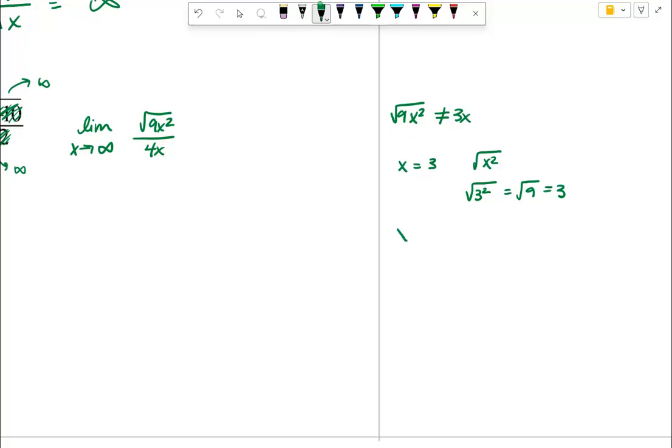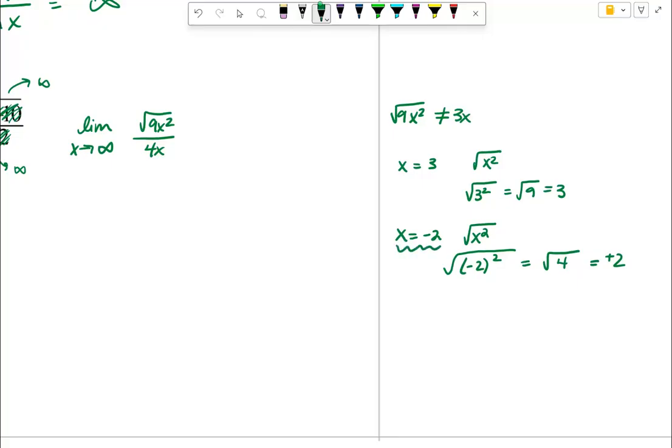But let's say that x equals -2. Again, I'm just considering the square root of x squared. Well, -2 squared is 4, and the square root of 4 is +2. I don't see a negative sign out in front of my radical.